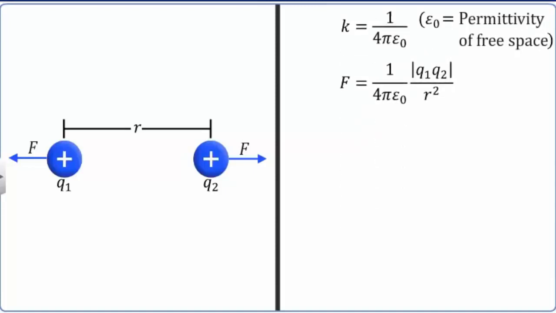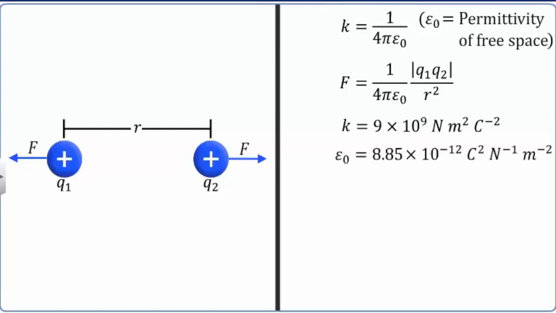In SI units, the value of the proportionality constant K is approximately equal to 9 into 10 power 9 Newton meter square per Coulomb square, and the value of epsilon naught is equal to 8.85 into 10 power minus 12 Coulomb square per Newton meter square.